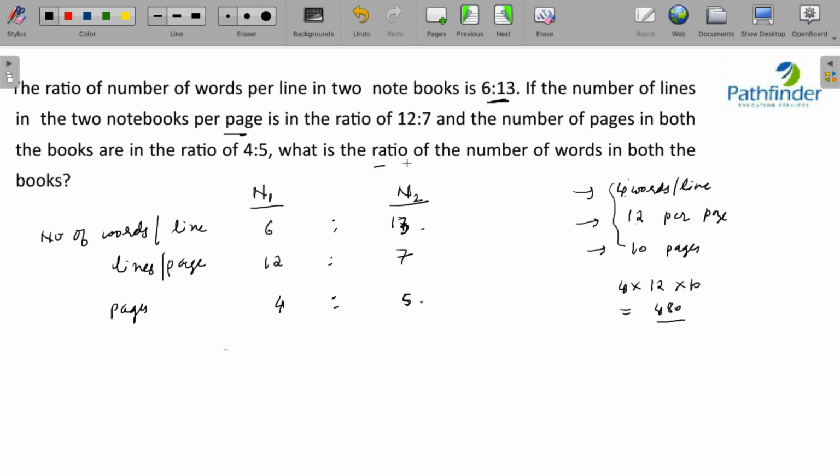We are required to find the ratio of number of words in both the books. So what we need to do is take a product of number of words per line for the first book multiplied by lines per page for the first book multiplied by number of pages for the first book. And we have to do the same thing for the second book. So the required ratio is 6 into 12 into 4 is to 13 into 7 into 5.